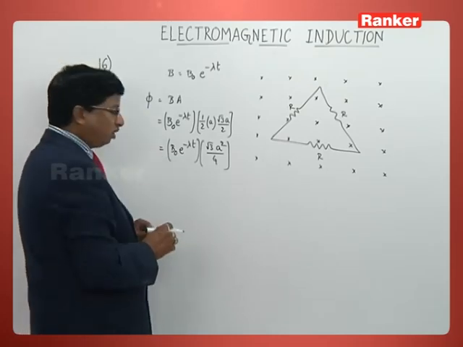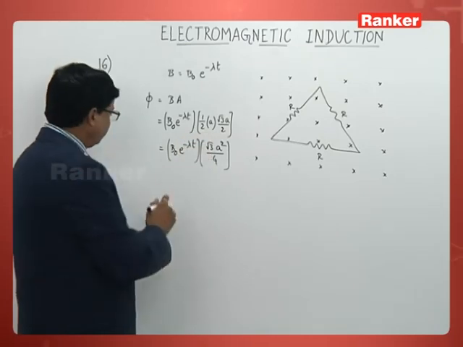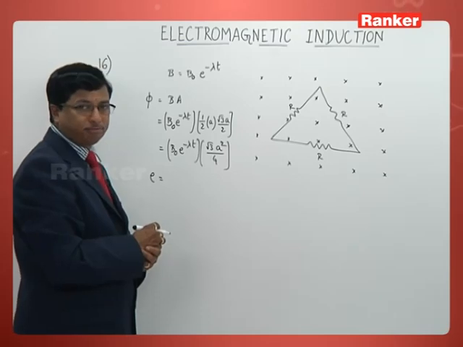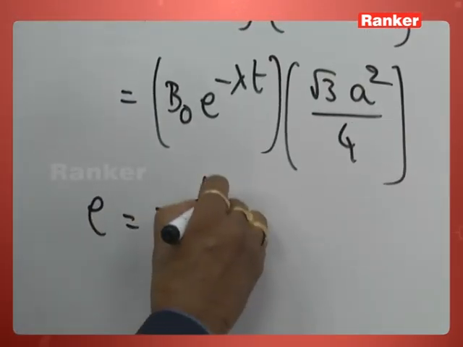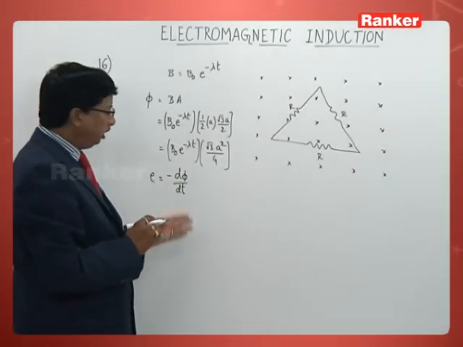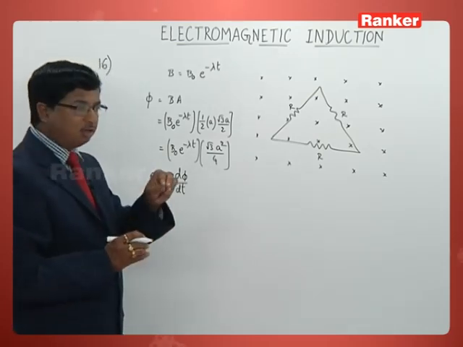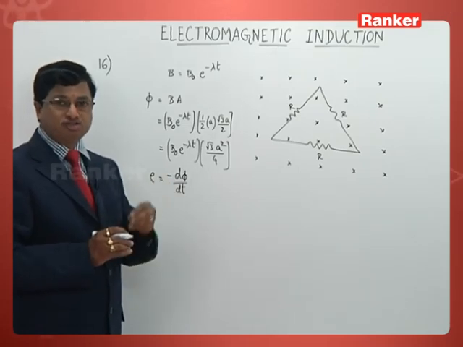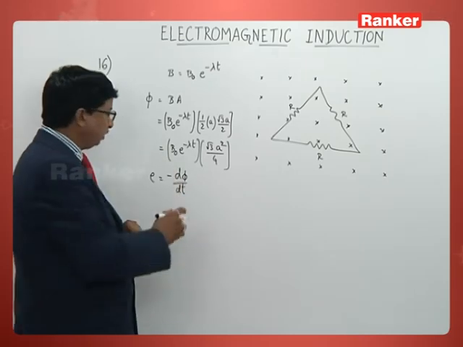The moment we have come across the value of magnetic flux produced in the system, what will now be the induced EMF? Induced EMF is minus d phi by dt. That negative sign, of course, we consider according to the conservation law of energy, which has been given to us by Lenz law, minus d phi by dt.